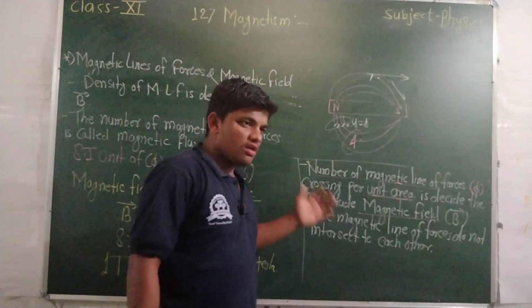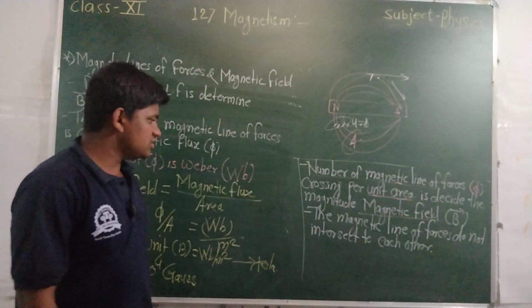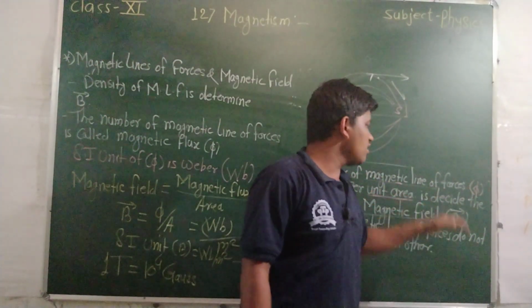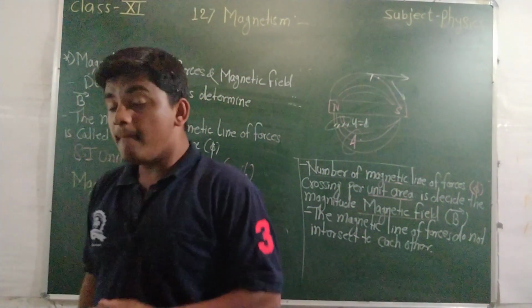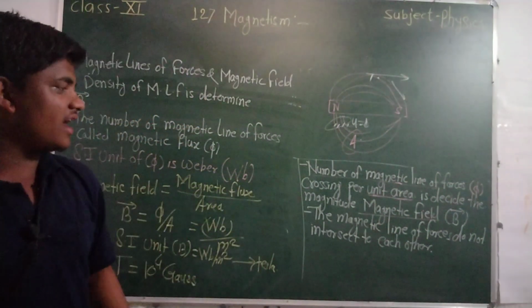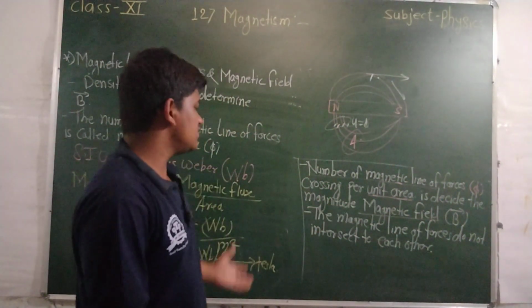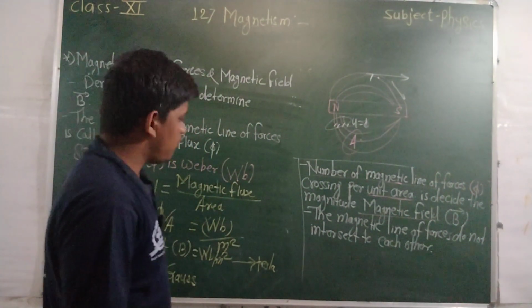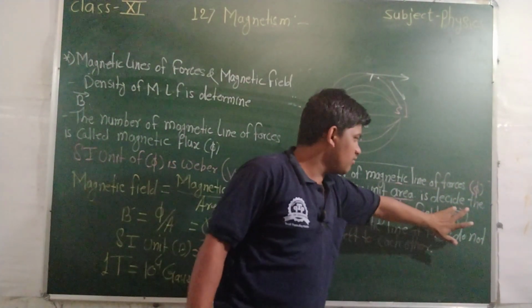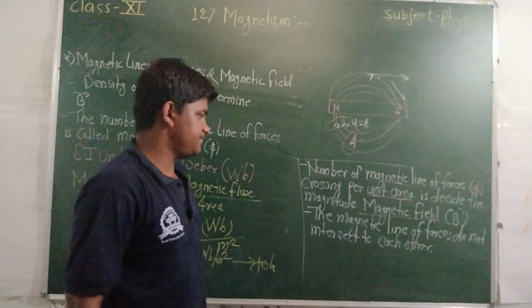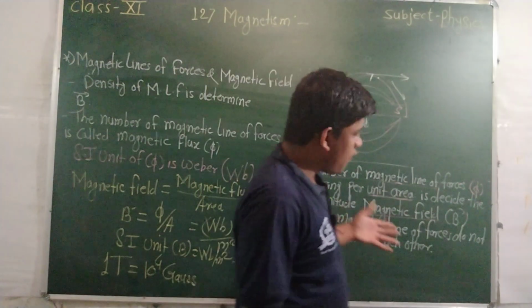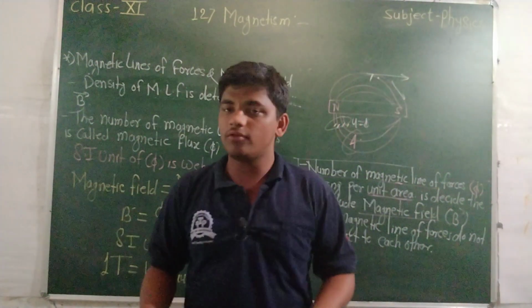The number of magnetic lines of force crossing per unit area decides the magnitude of the magnetic field. The magnetic lines of force do not intersect each other.